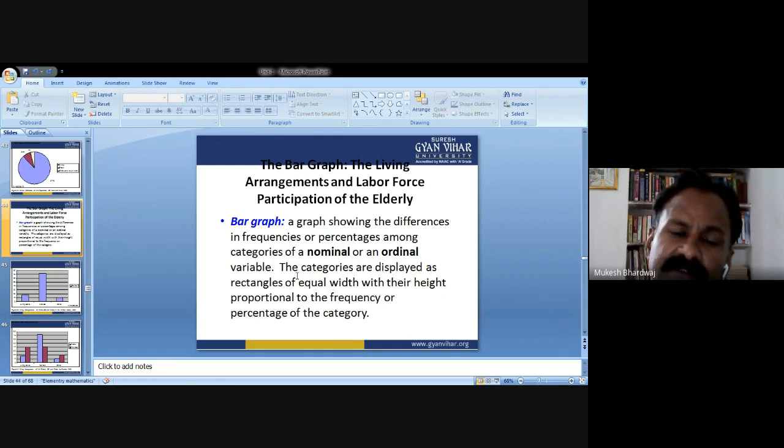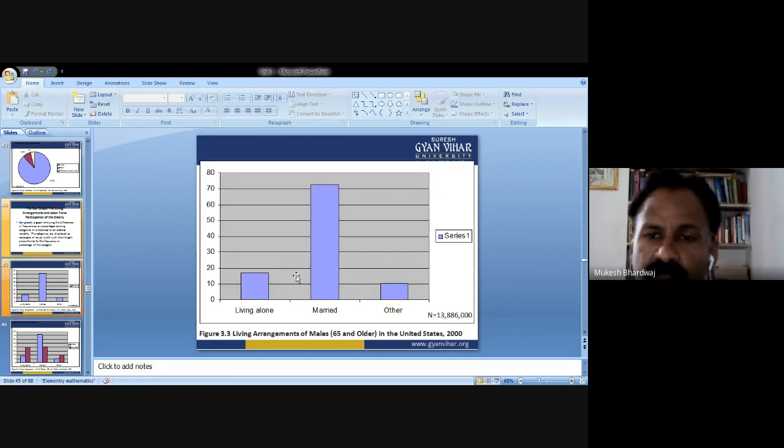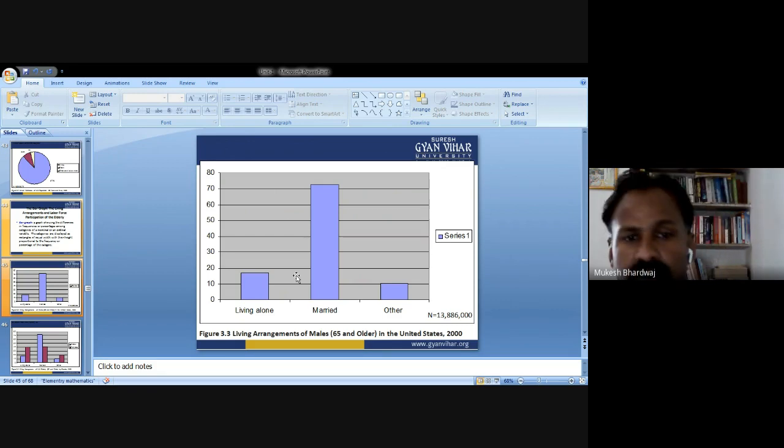So again, it is the second method of presentation, and as you see through the example, we have divided three categories of male candidates aged 65 and older, those who are aged 65 and more. The first category is those living alone. The second category is those living married. And the other is those who are not living alone or not married.